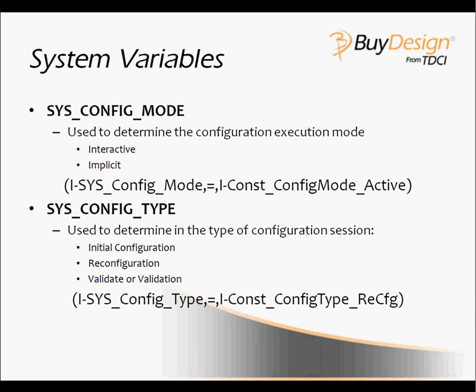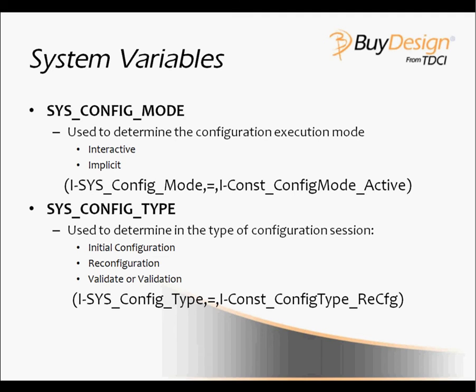All right, one of the reasons I might use config type is when I'm setting dynamic defaults. Right, I answer a question. Based on that question's answer, it pre-selects the value of the next question. Well, in an initial configuration, I would want that. In a reconfiguration, I may not, because the user on that second question may have changed the value.